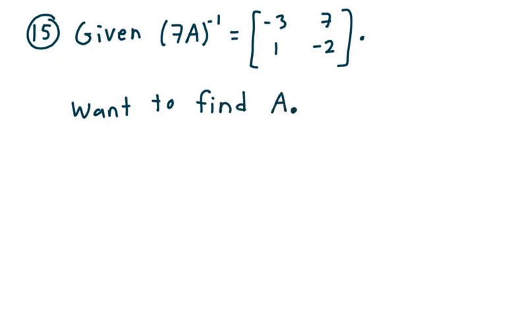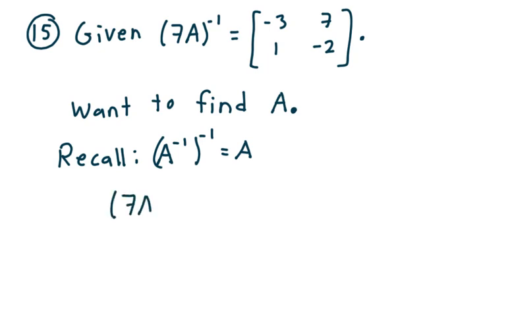Now, recall, the inverse of A inverse is equal to A, right? So if I take the inverse of 7A and then take the inverse of that, are we in agreement that this is equal to 7A?